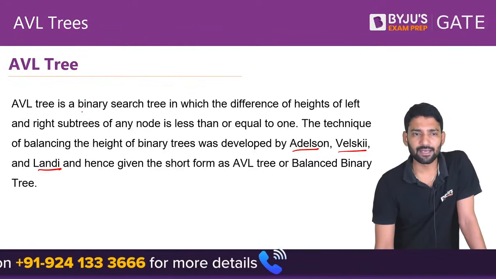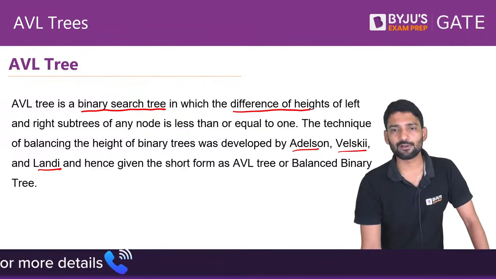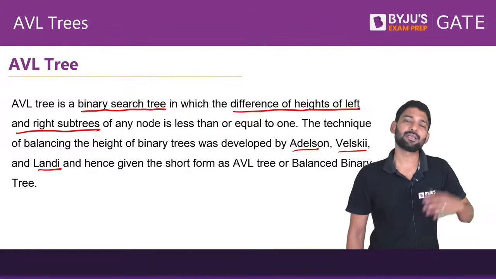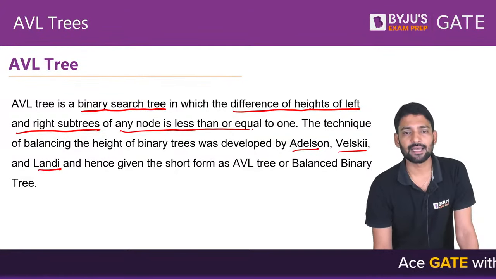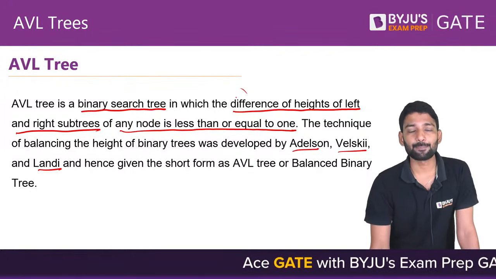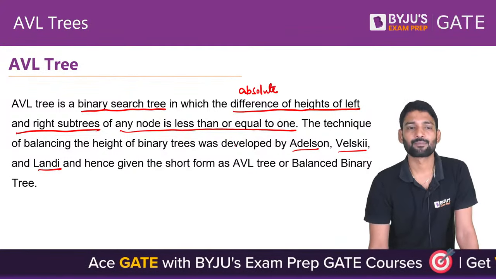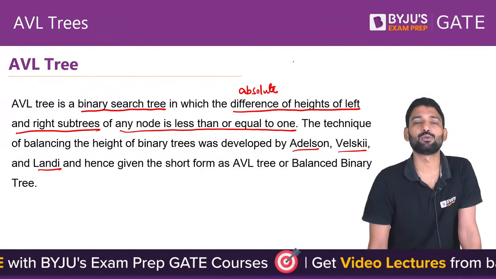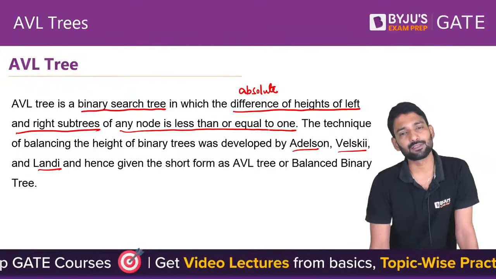It is a binary search tree in which the difference of heights of left and right subtrees, that means the balance factor of any node, is less than or equal to 1. This is the absolute difference. Here less than or equal to 1 in the sense the absolute difference should be either 0 or 1.